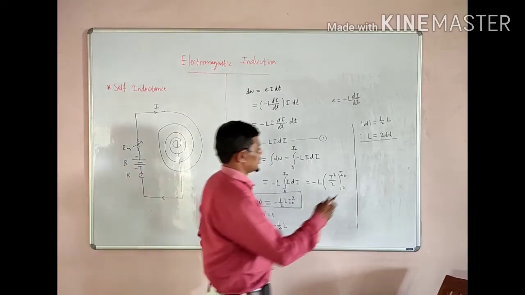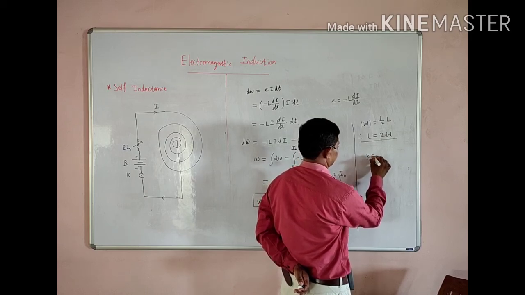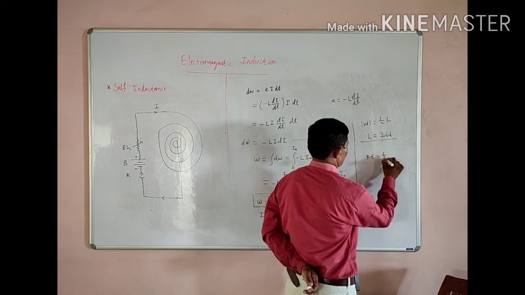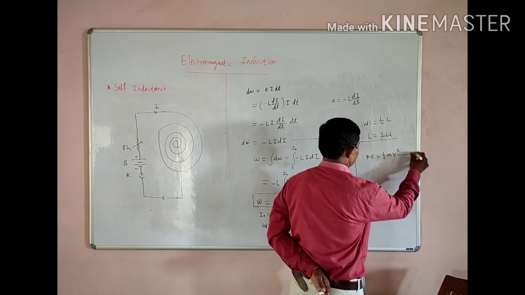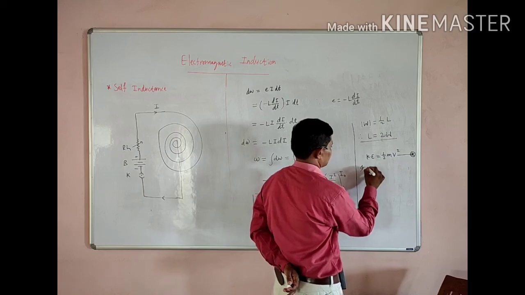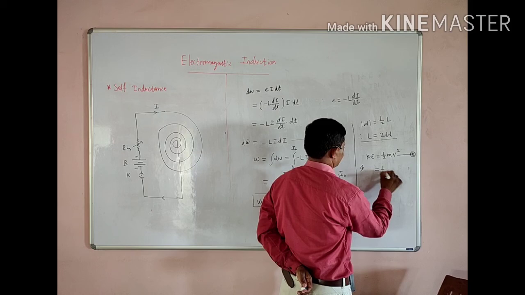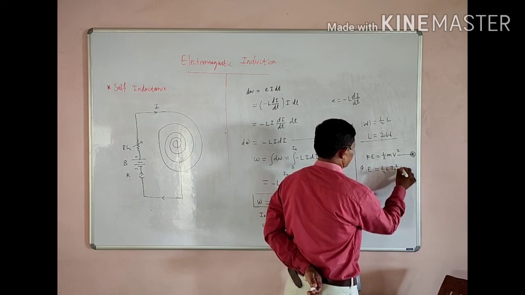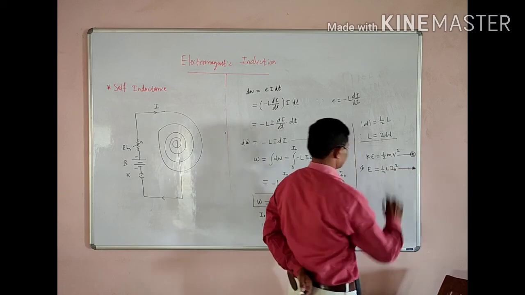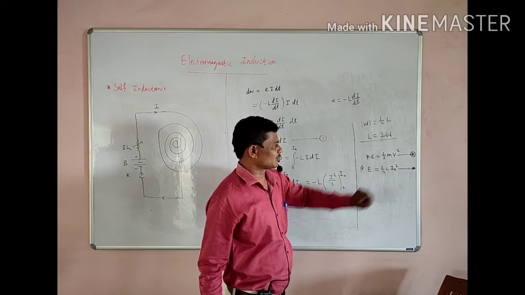Now, this work done is nothing but the energy of the circuit. So, mechanical energy, or we can say kinetic energy, is equal to 1 half m v square, suppose this equation, and energy of the circuit is nothing but 1 half L I0 square. Suppose these are the two equations. This is mechanical energy and this is the energy of the circuit.